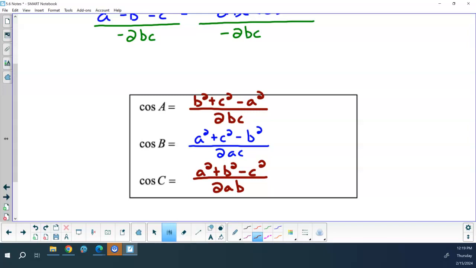With that being said, what I would like you to do now is continue working on the rest of the packet. You will have to go back to the first page and fill in that one, because that is going to be checked. And then start at example number 1 and work your way down.